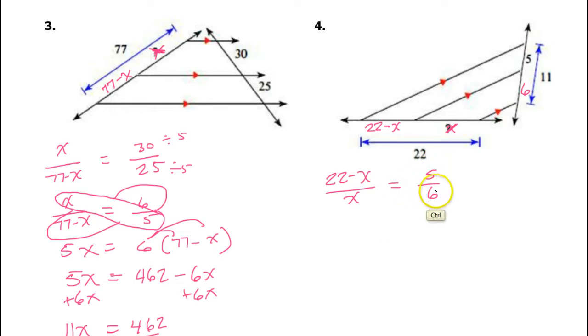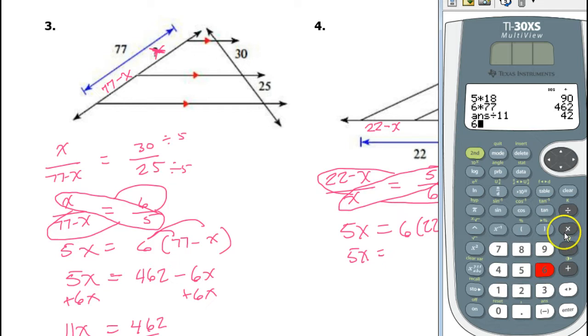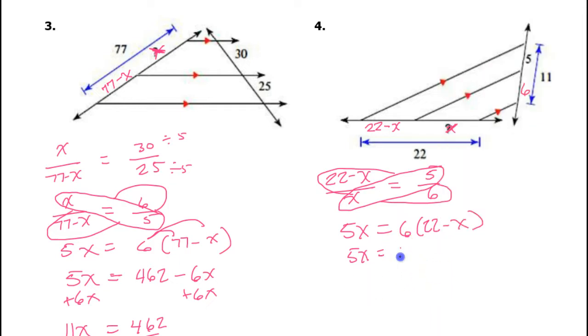When I cross multiply, I'm going to do this diagonal, so that'll be 5x is equal to, and I've got the other diagonal, that's going to be 6 times 22 minus x. So that's 132 minus 6x.